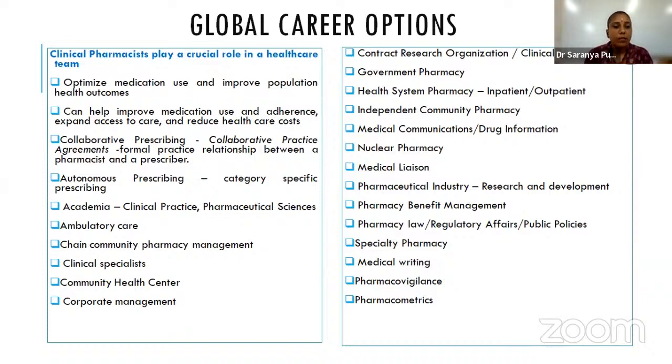They are involved in prescribing for minor ailments, and in collaborative and autonomous prescribing of specific drug categories for specific conditions, probably chronic ones. So a clinical pharmacist plays a very important role in a healthcare team. After you complete your MPharm pharmacy practice, you will be able to help the patient in each and every aspect when they seek healthcare.